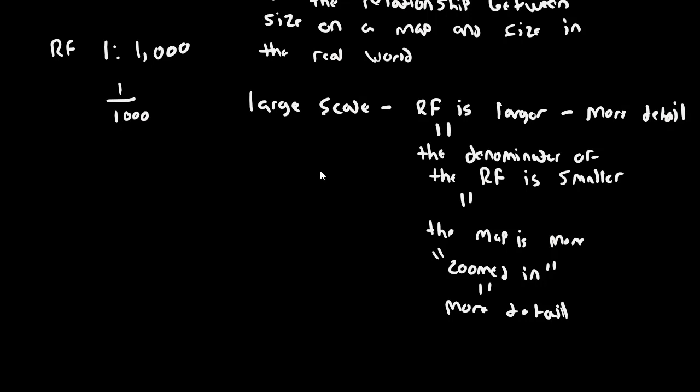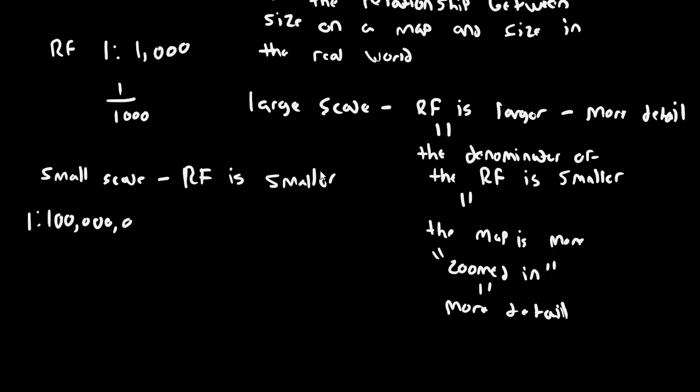Conversely, when we talk about small scale, we are talking about the opposite. The representative fraction is smaller. So if instead of 1 to 1,000, maybe we had something like 1 to, say, 100 million, that can be written as 1 over 100 million. In that situation, the denominator of the RF is larger.